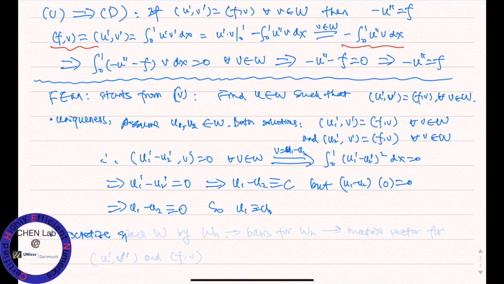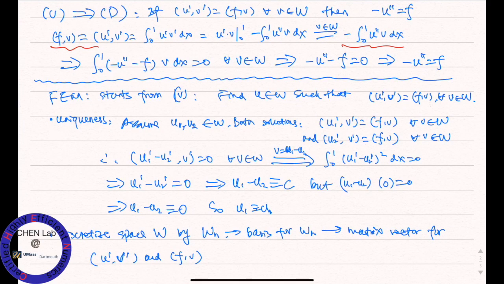We discretize the space W by some W_h, and then we come up with something called a basis for W_h, and then the matrix and vector for what we have in problem V, for the u prime v prime and f v terms.